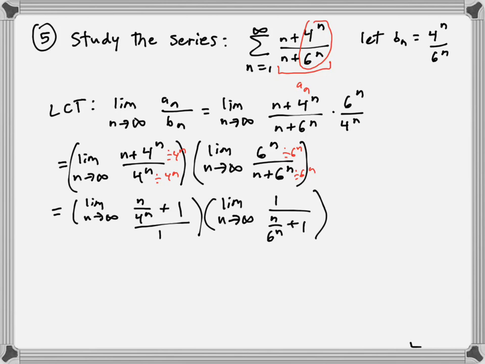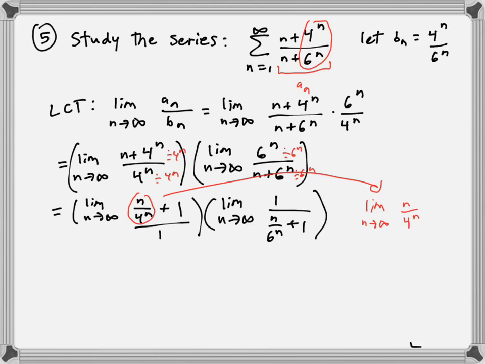Now the problem is that when you try to do these limits, we have to know what the limit is of n divided by an exponential. So let's do that off to the side. What is the limit as n goes to infinity of n over 4^n?